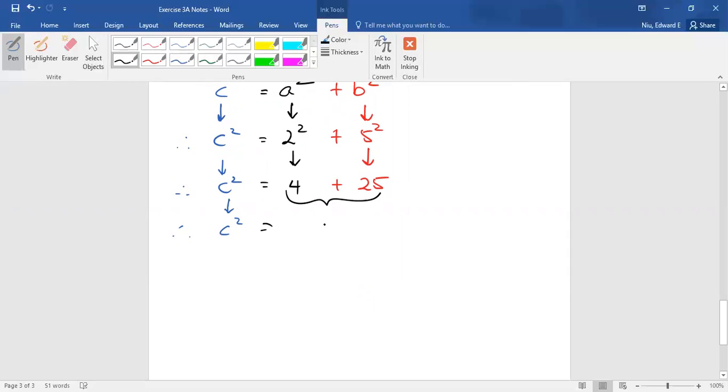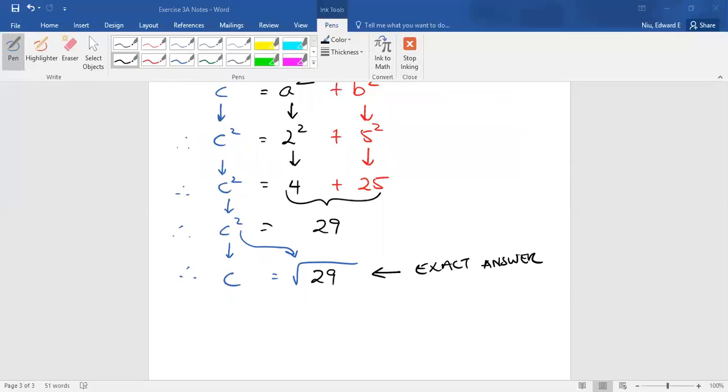What's 4 plus 25? 29. And so this therefore means C, remember how we then have to square root the other side, because this is the area of the C squared. To find the length of the square, we have to square root 29. And this is our exact answer. And we no longer need to go any further.